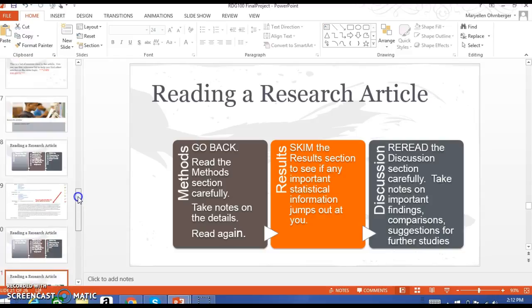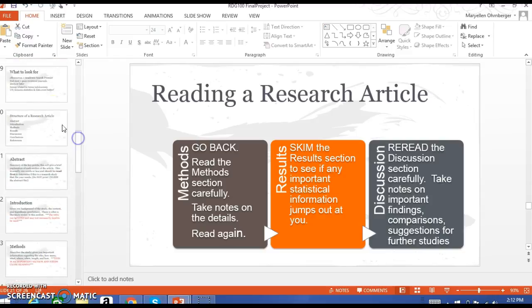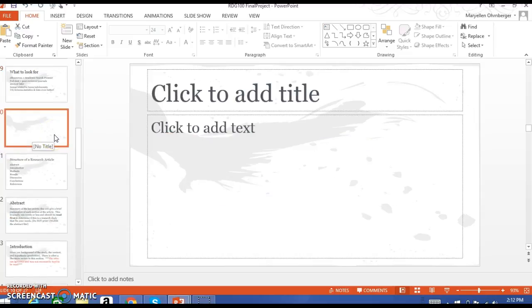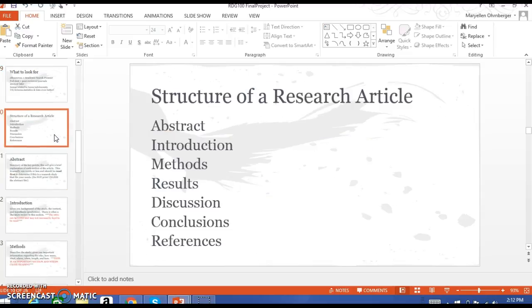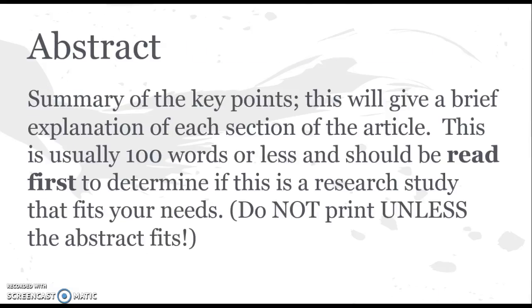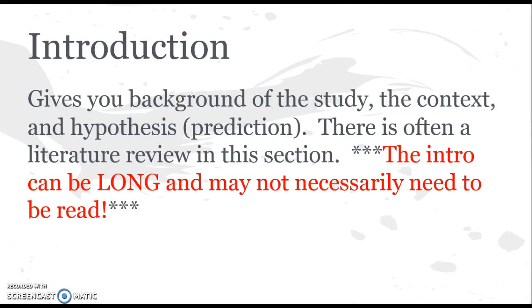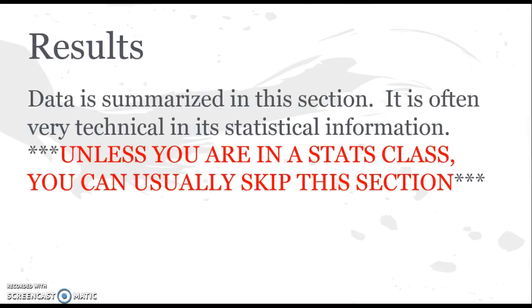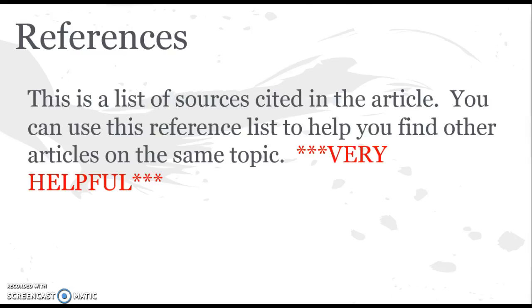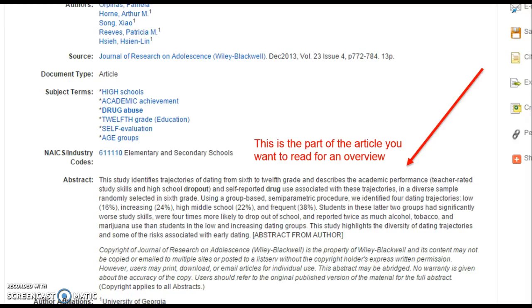Okay, so that is the information on what to look for, the structure of a research article, how you read the abstract, the introduction, the methods, how to skim the results, how to read closely a discussion, and use references. And that is the case for any research article.